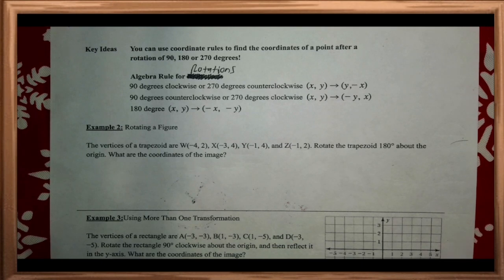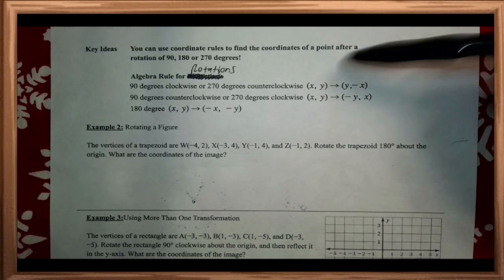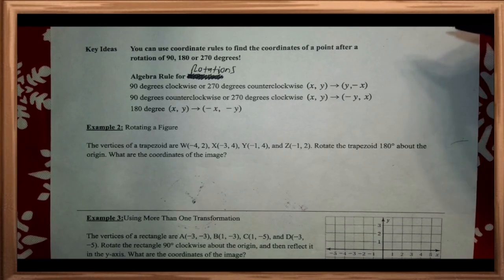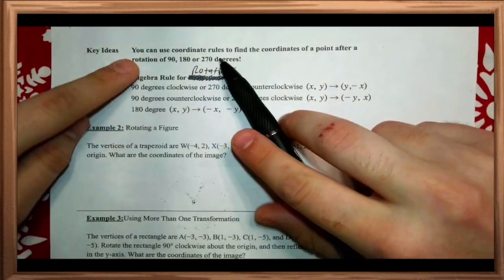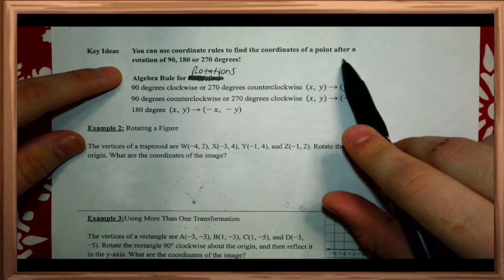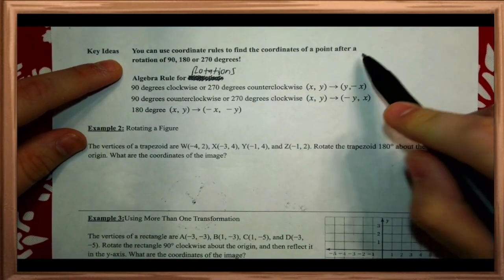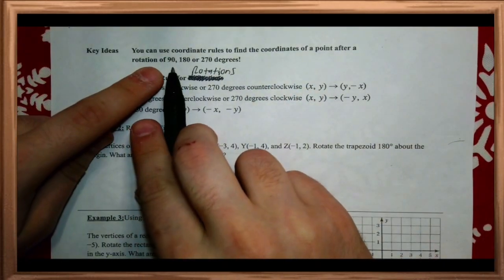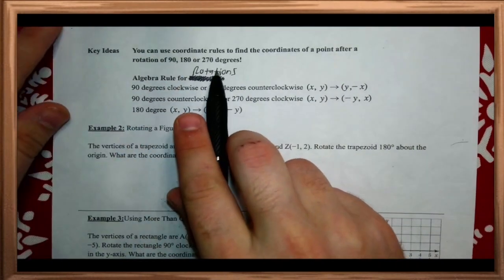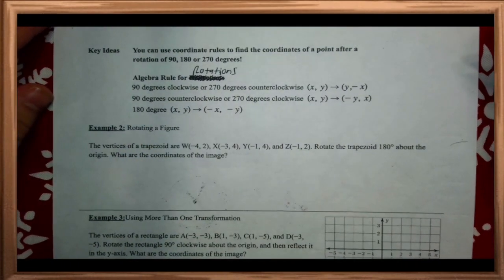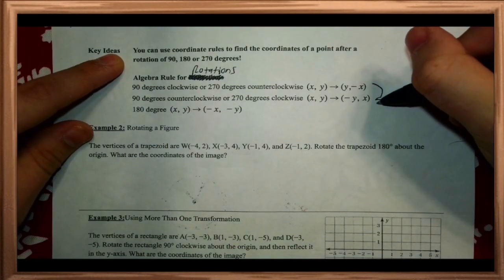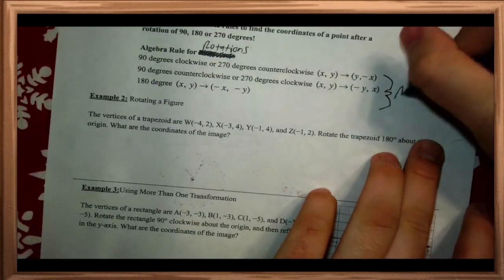We looked at a visual idea of what's happening, but what about a numerical way? Well, we can use coordinate rules to find the coordinates of a point after a rotation of 90, 180, or 270 degrees. This is the manual.